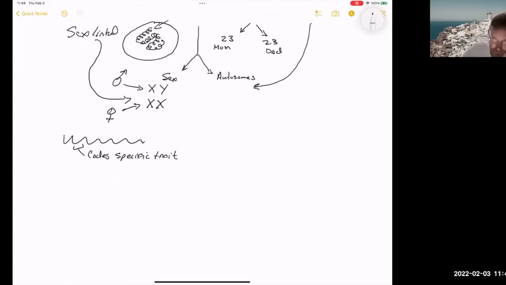Maybe it's an eye color, for example. So a very specific trait is referred to as a gene. All right. So a gene is a section of a chromosome that codes for a specific trait. So is everybody okay on the difference between genes and chromosomes? Does it make sense?